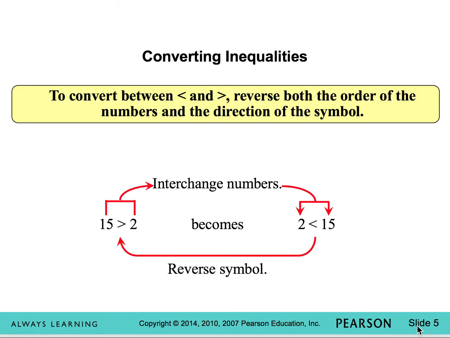Okay, so pay attention with your signs, right? If you need to go back and forth between the less than and the greater than, you got to make sure that the numbers also switch. In other words, the little side of the sign needs to always point towards the little number wherever it happens to be. And the big side needs to point towards the big number.